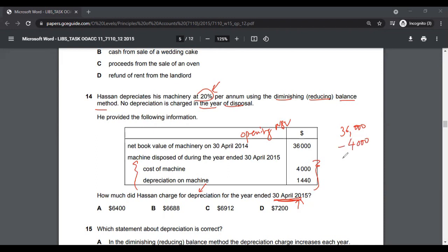So minus the 4,000, minus 1,440, and you would have some number here which you should calculate by yourself, and then you would apply the rate of 20% to this number, which will give you the depreciation expense for 30th April 2015. If you do the math in here, the answer should be 6,688. That's option B. So the answer to multiple choice 14 is option B.